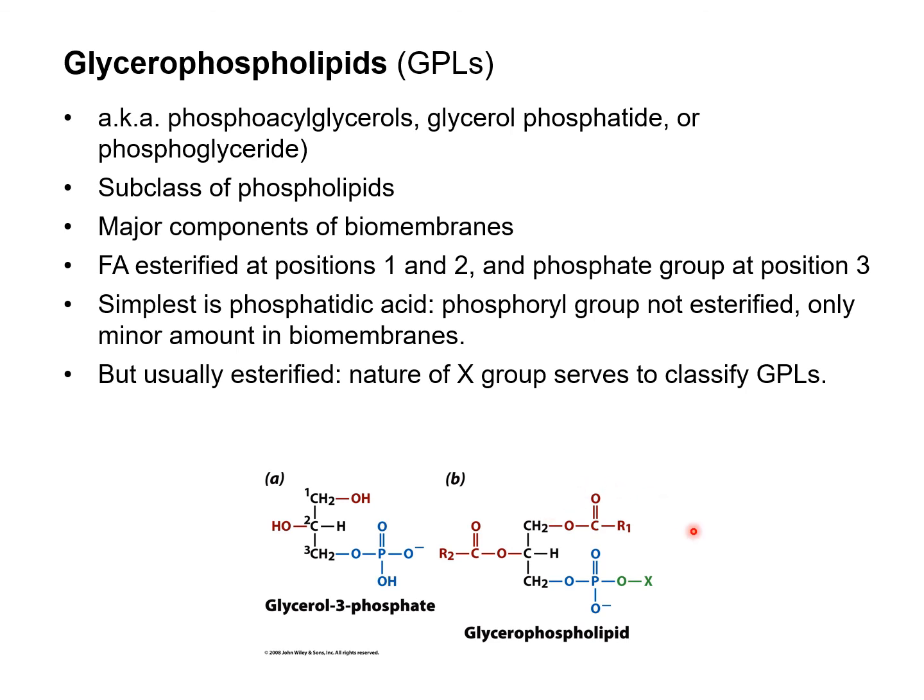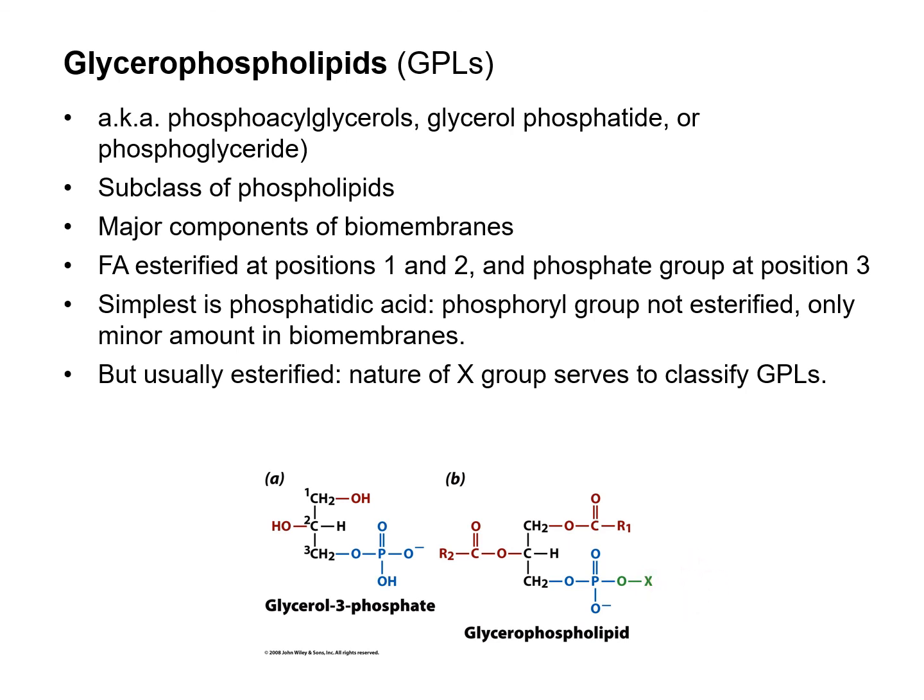When you look at the structure of the glycerophospholipids, the fatty acids are esterified at position 1 and position 2 here. But at position 3, there is a phosphate group. And the simplest glycerophospholipid would be phosphatidic acid, where this X is basically a hydrogen atom, and the phosphoryl group is not esterified to other functional groups.